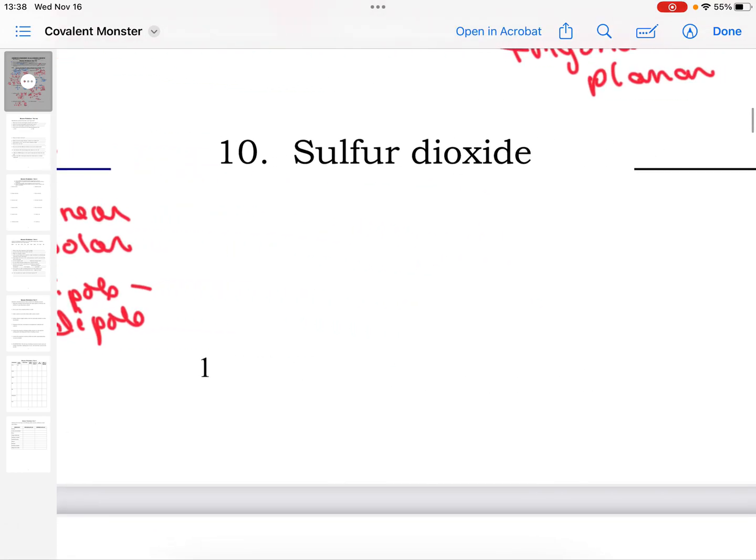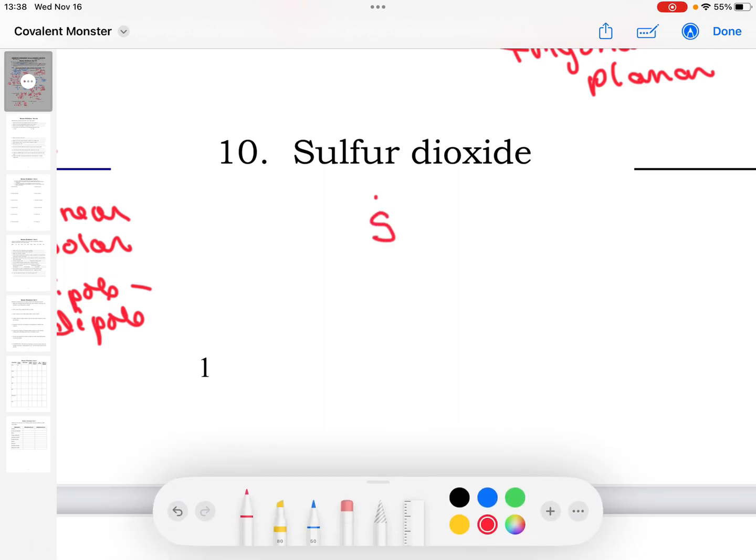And the last one on this page, sulfur dioxide. This one's a little harder. Now this is a resonance structure, which means it can exist in two forms or be written two different ways.